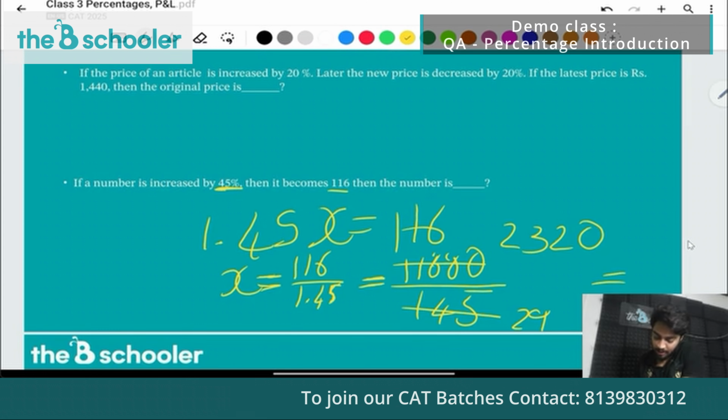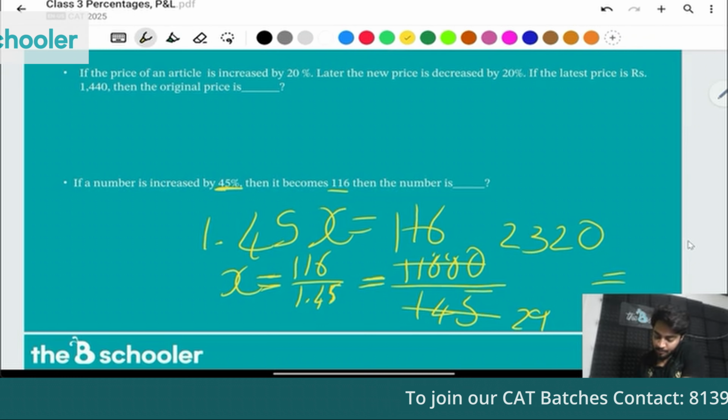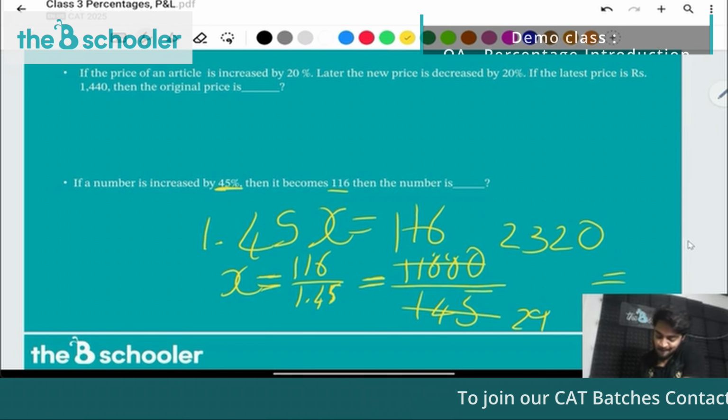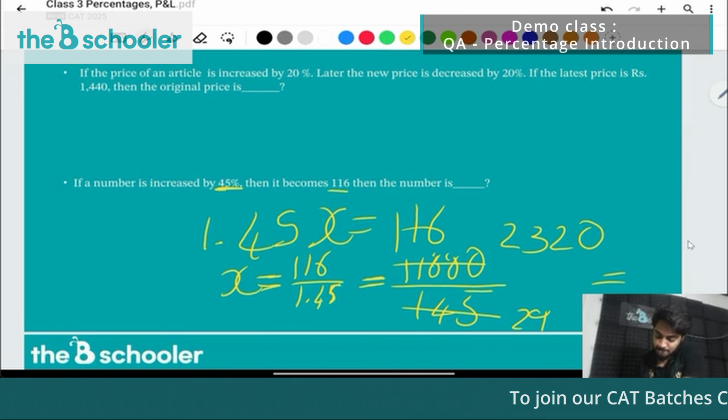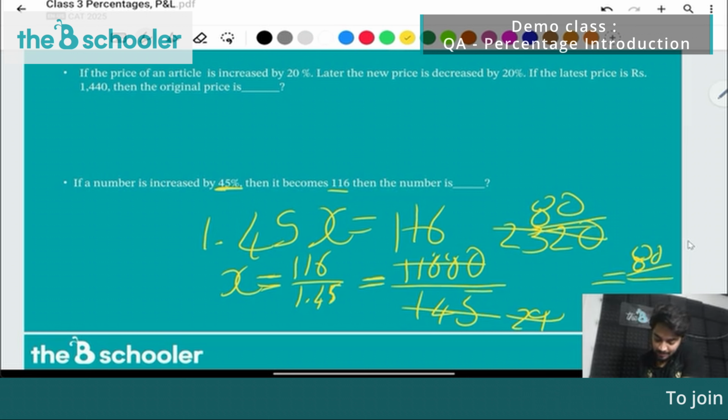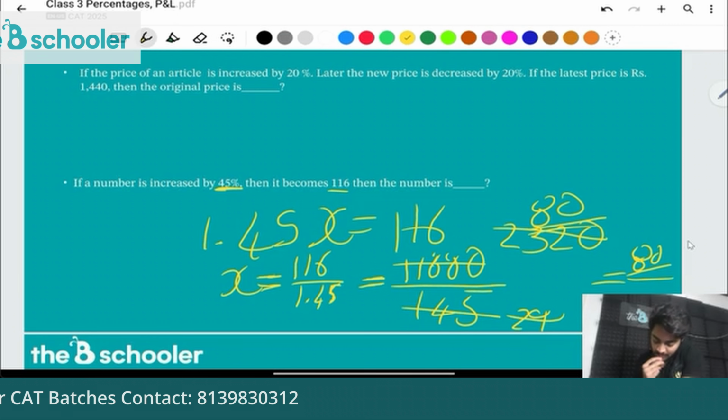When you do it like this, what do you get? You can get this as 80. The 80 is the answer. Conventionally you can do this. I'm just seeing if there is an easier method.